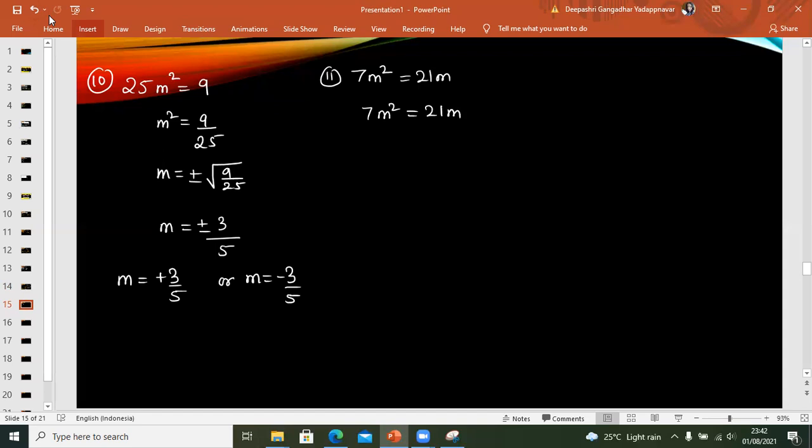We can cancel 1m. So this m can be cancelled and can be written as 7m equals 21. And now m value will be 21 divided by 7. What is the answer? Or else you can do it in this way also.